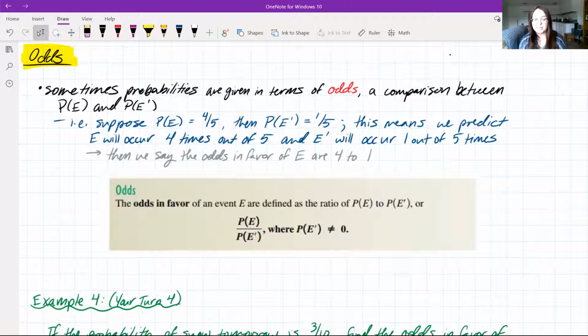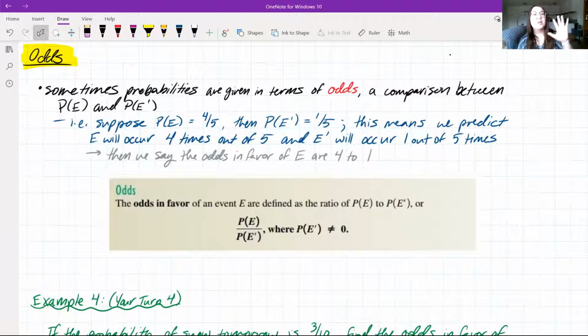This means that we predict E will occur 4 times out of 5, and E prime will occur 1 out of 5 times. Now when we write this in terms of odds, we'll say that the odds are in favor of E are 4 to 1.